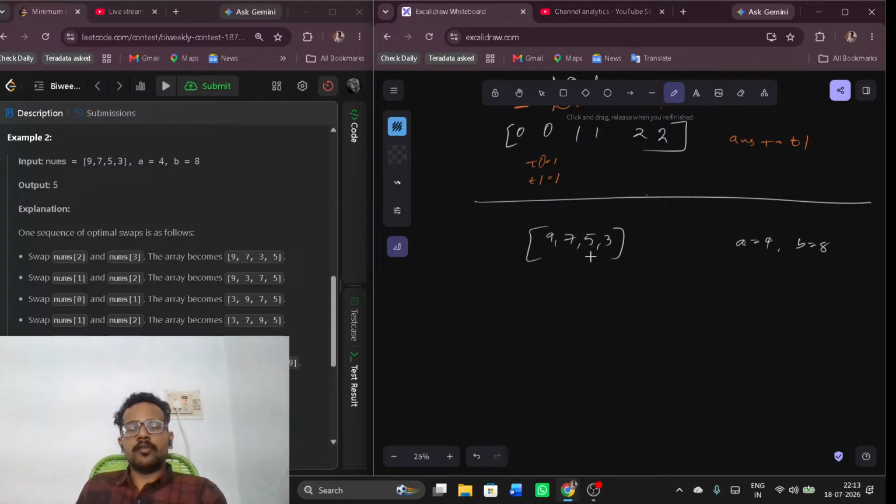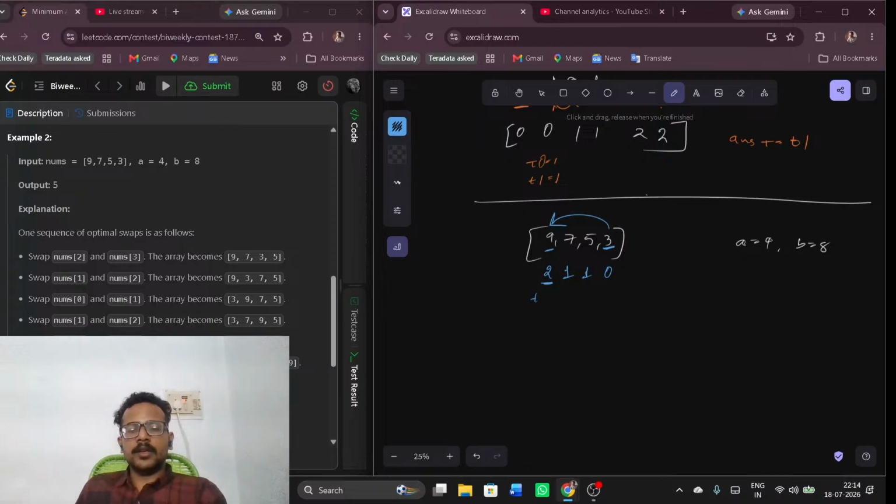Type 0 is less than 4. 9 is greater than 8, so type 2. 7 is in the middle, type 1. 5 is in the middle, type 1. 3 is type 0. This 3 and this one should be swapped.